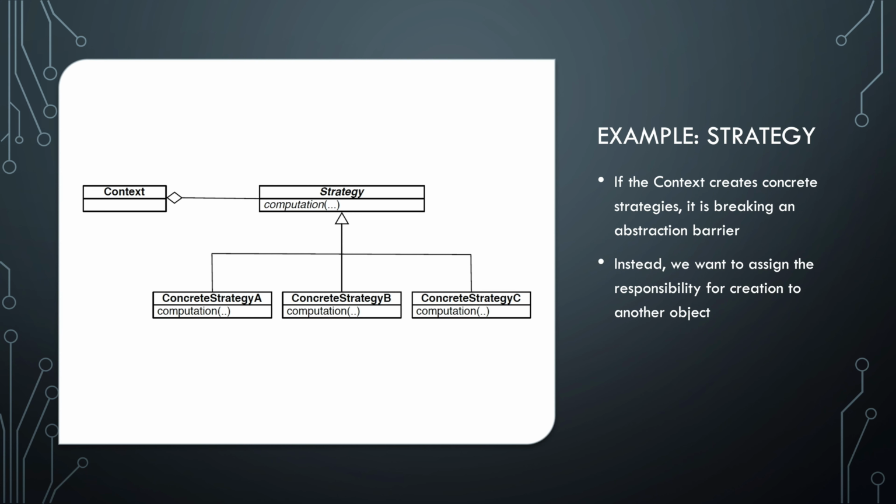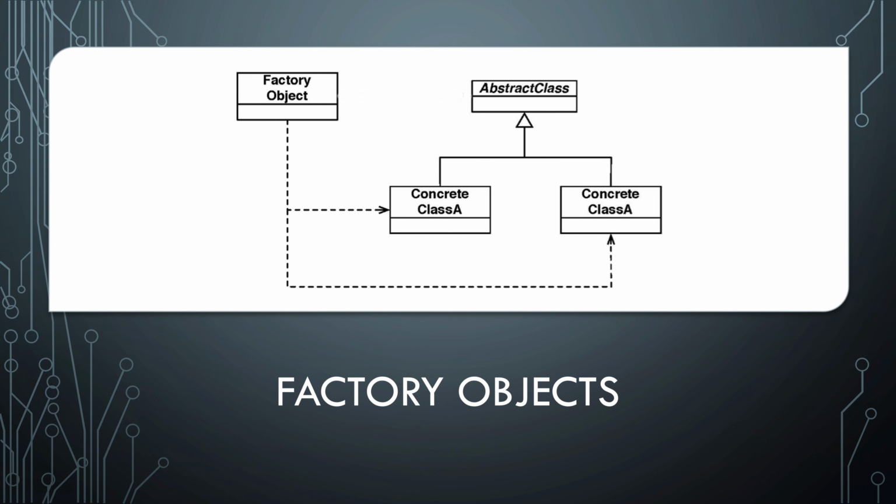To solve this, we need to assign the responsibility of creating the strategy objects to another object. When you use something like an abstract factory, the context will use a factory object instead, and then this object is responsible for creating the right objects. We've seen this in the sales order example, where we have a factory object for each country that creates the right strategies for taxes, languages, shipping, and so on.